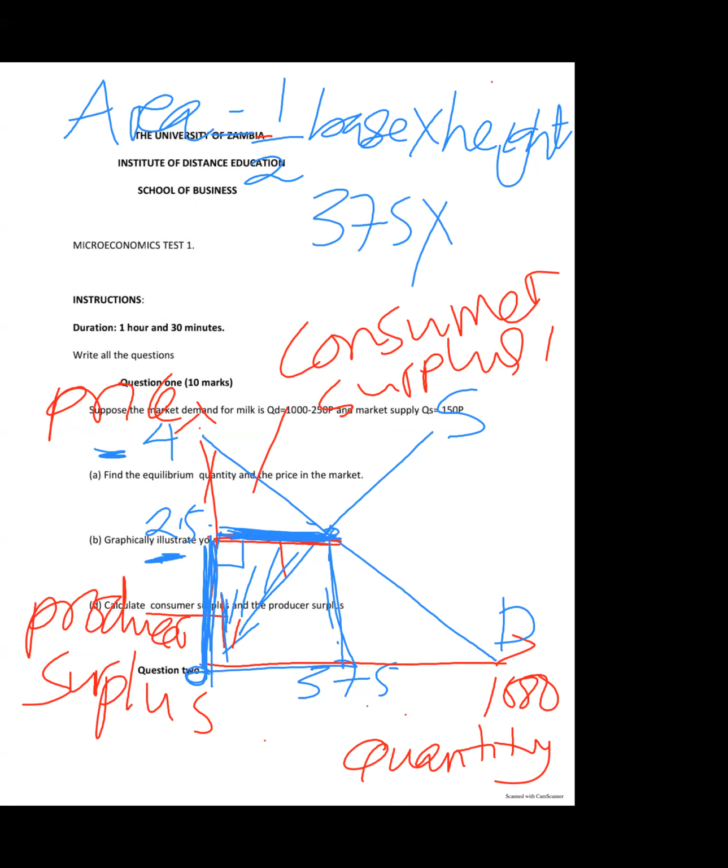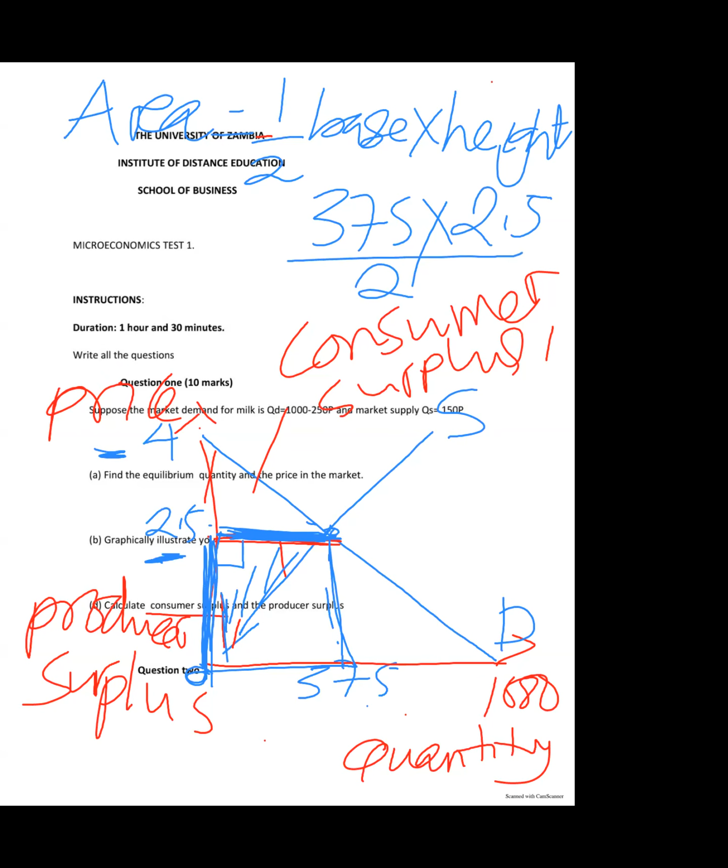This triangle has just been inverted, if you can see it. So from 0 up to 2.5, 2.5 shall be our height. We divide through by 2.